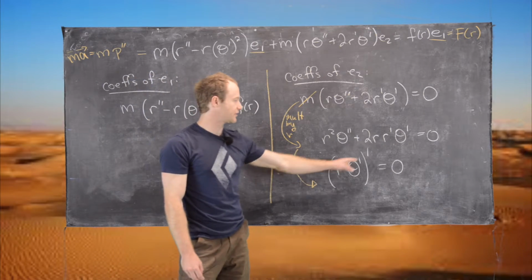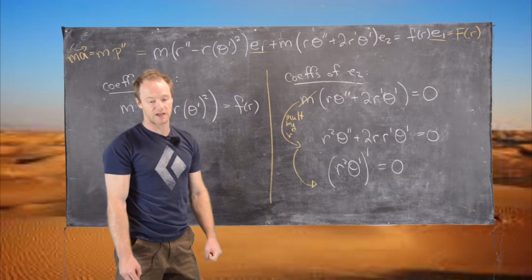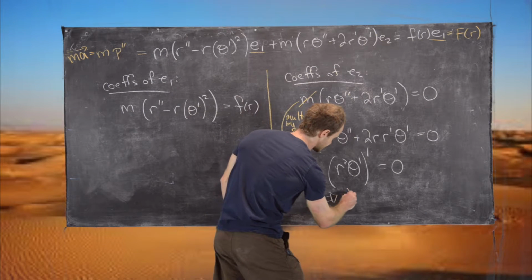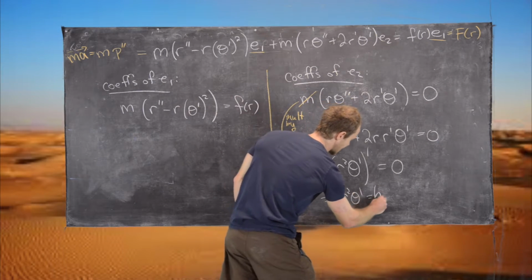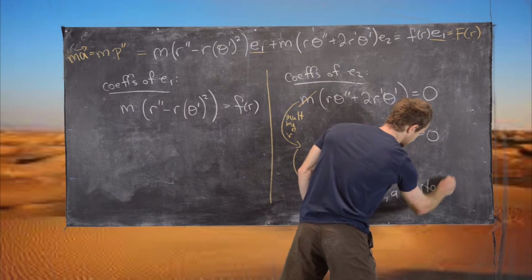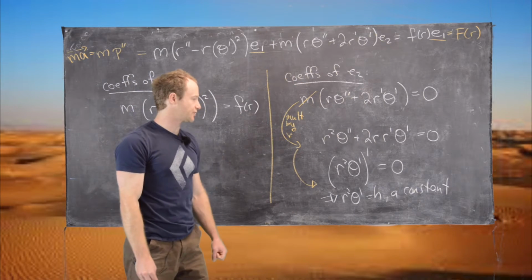Great, but now if we have the derivative of this equals 0, this means that r squared theta prime equals a constant, and so we can write r squared theta prime equals h, a constant. And you might say, well, which constant should we take it to be?